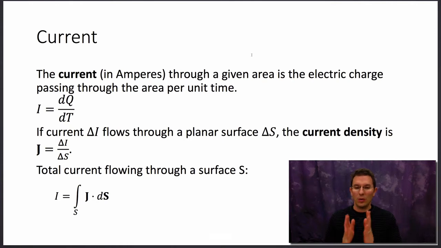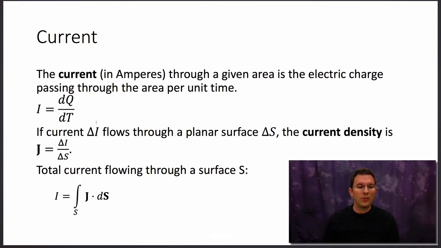If we have a small two-dimensional region and count the number of charges that pass through that area in a given time, that's an approximation to this current. If we make it mathematically precise by taking limits, the current is simply the time rate of change of the charge, dq/dt.